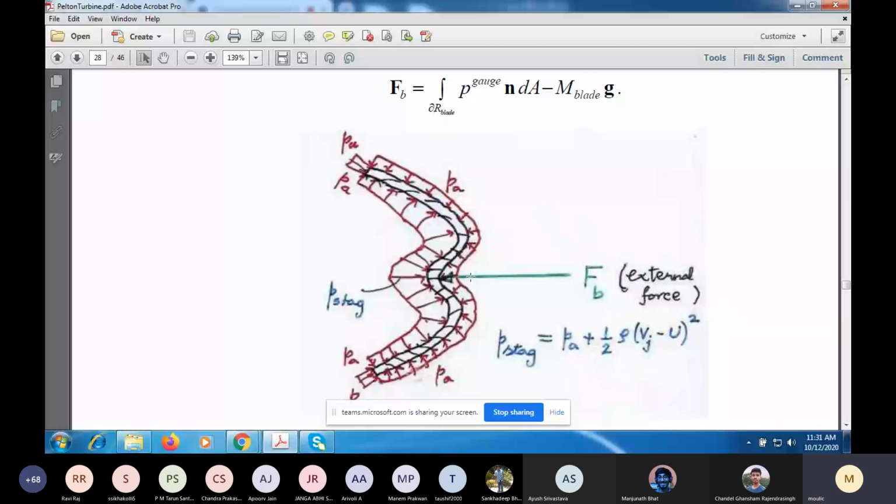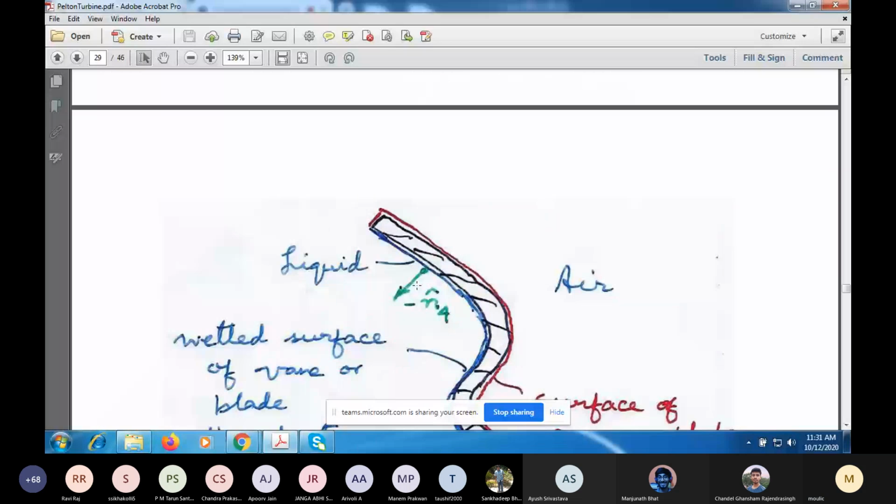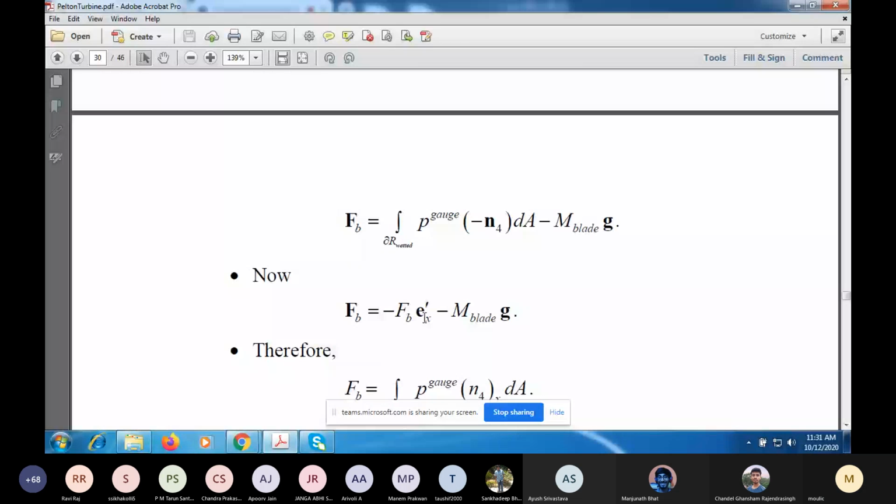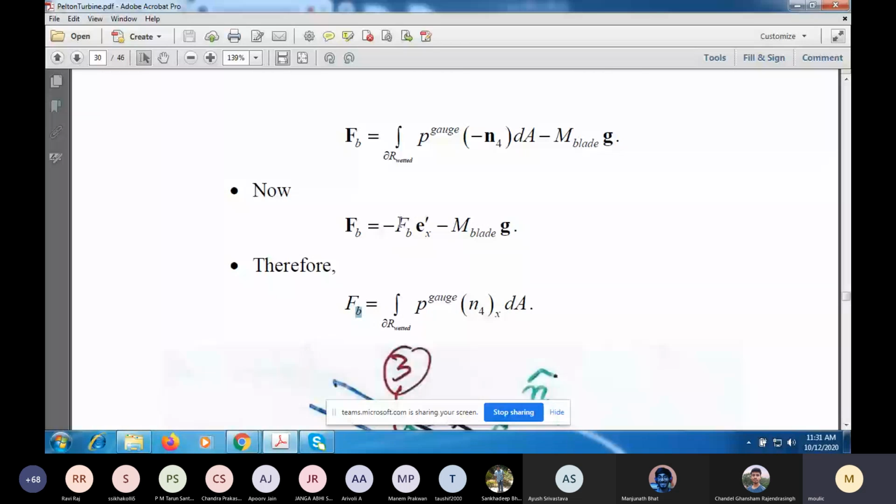And the sum of the forces is 0. So you have the first quantity then is minus Fp times the unit vector pointing to the right minus the weight of the blade. And if I look at only the x component of this vector equation, then Gx is 0, so this is not there.